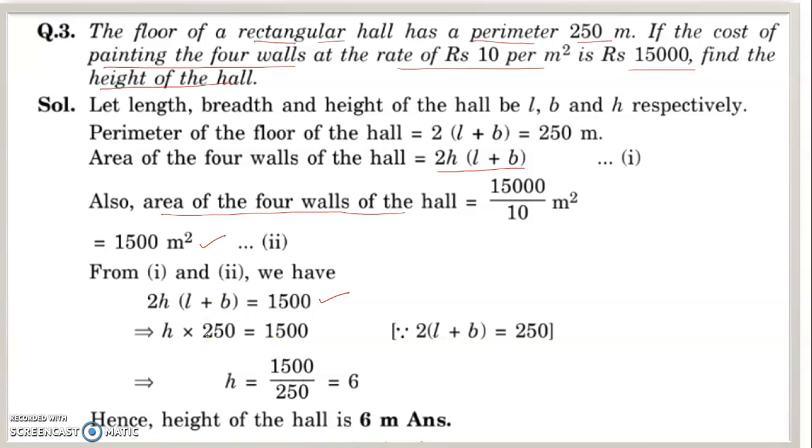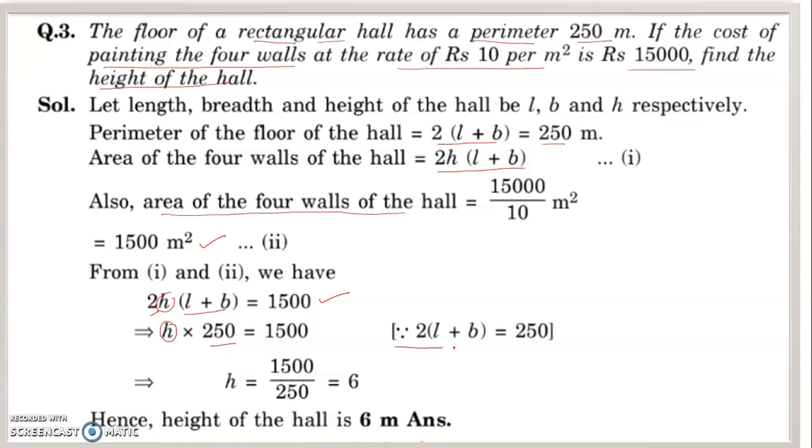Alright, so you can substitute the values. Twice length plus breadth is 250. What is left? H. So h into 250 is equal to 1500. So what is the value of h? 1500 divided by 250, which is equal to 6.